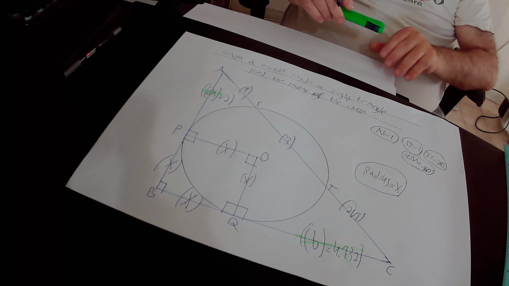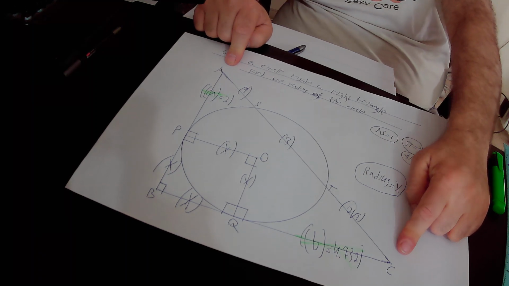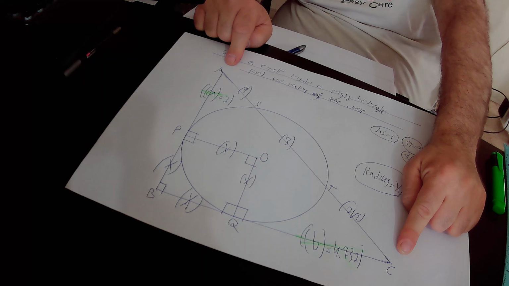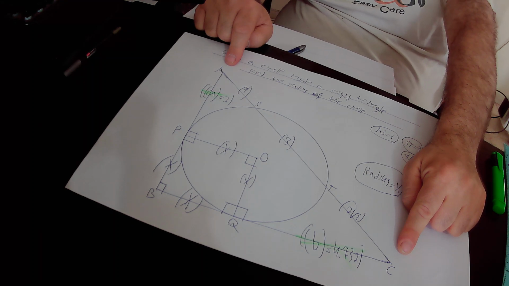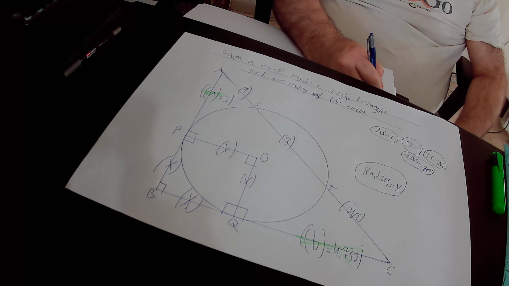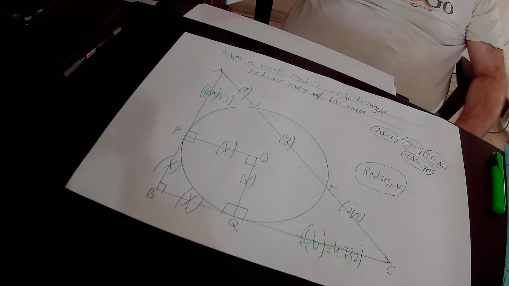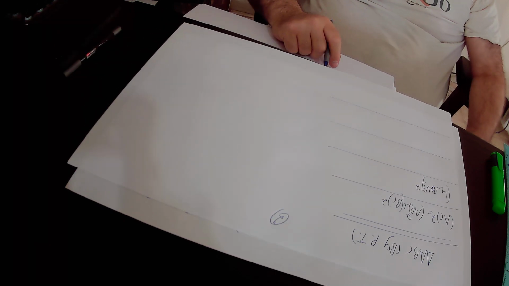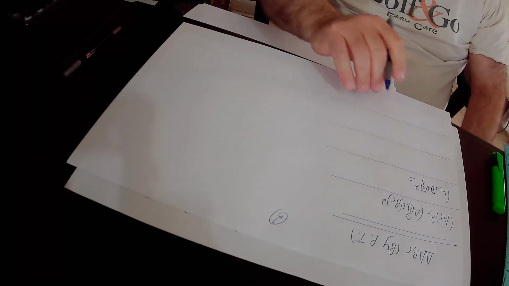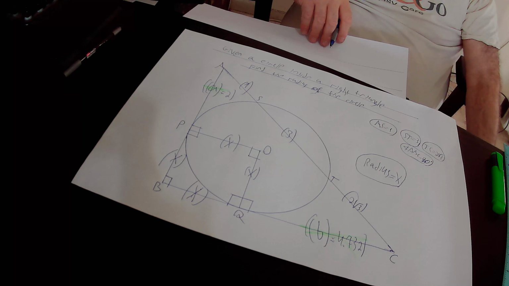So what is the length of the hypotenuse AC? From the drawing it is very easy to see that AC in total equals 1 plus 3, that is 4, plus 2 times square root of 3. So in total, AC equals 4 plus 2 times square root of 3. And therefore, AC squared will be equal to (4 plus 2 times square root of 3) squared, and it is equal to AB squared plus BC squared.